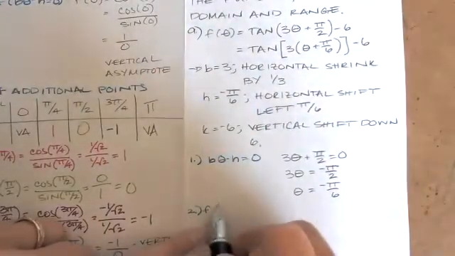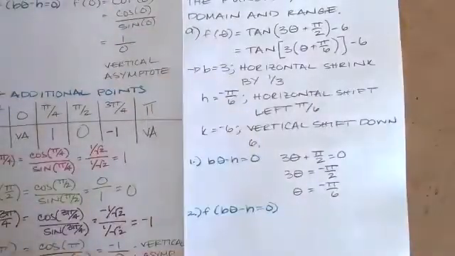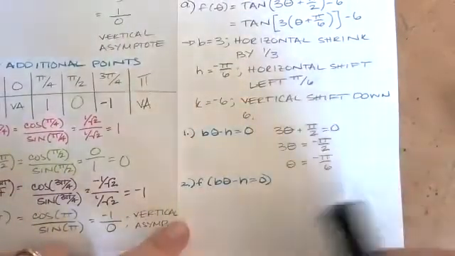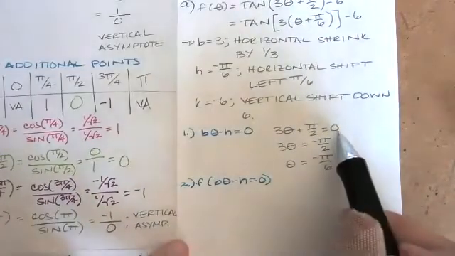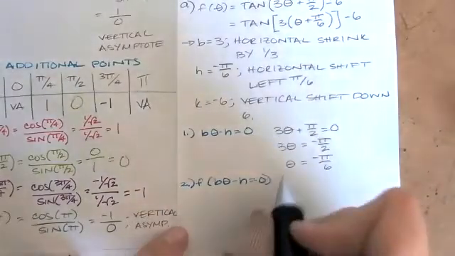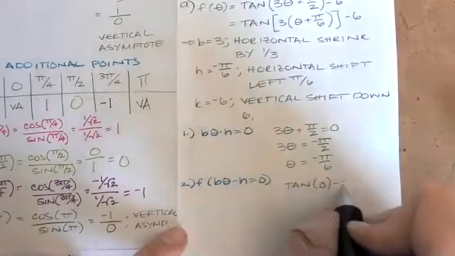Okay, so for our next step, we could plug this negative pi over 6 into the function, but we know from our work in the first step that that's going to equal 0. So we'll just say the tangent of 0 minus 6.